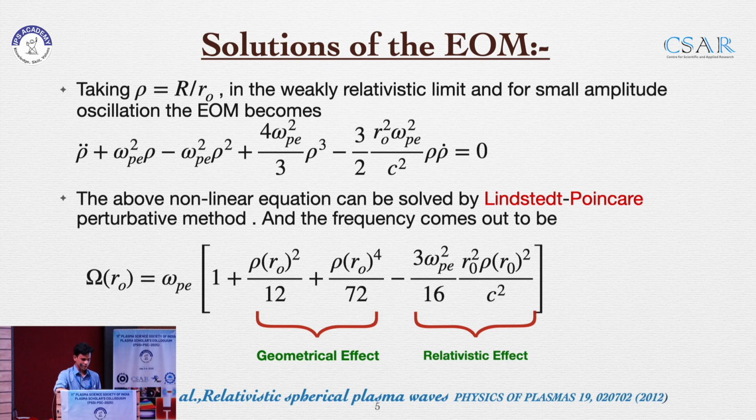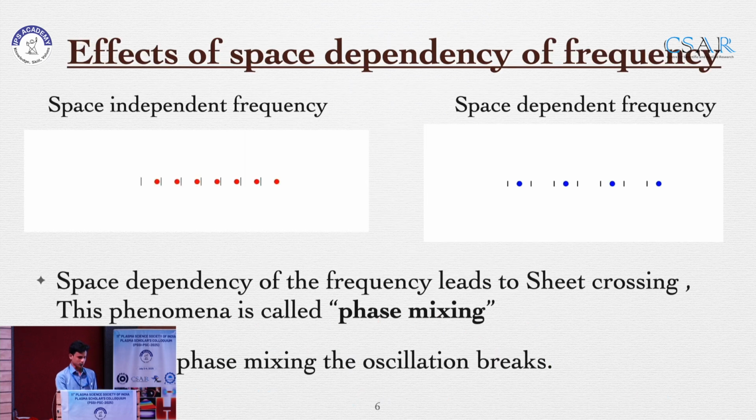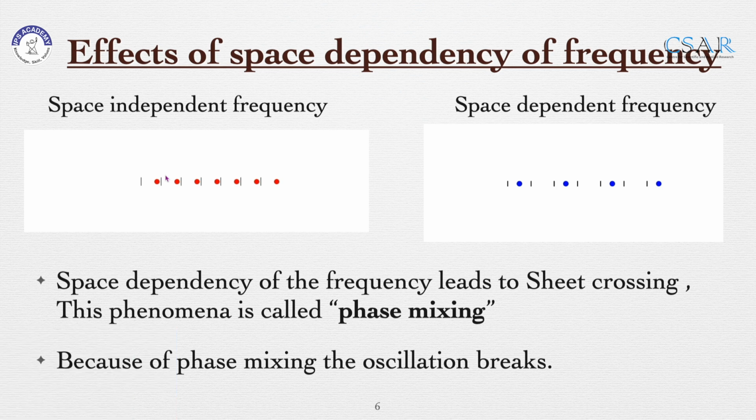Because of the spatial dependence of the frequency, we see a very peculiar phenomenon. To describe that phenomenon, I have given two examples: what happens if the frequency depends upon space, and what happens if the frequency is independent of space. If the frequency is space independent, then the sheets will oscillate indefinitely without crossing each other.